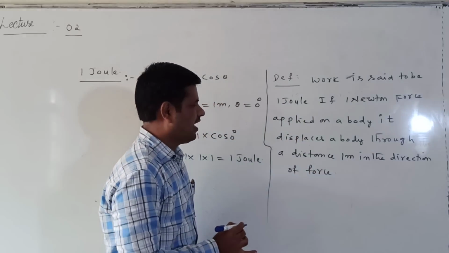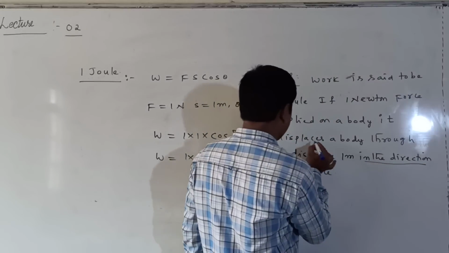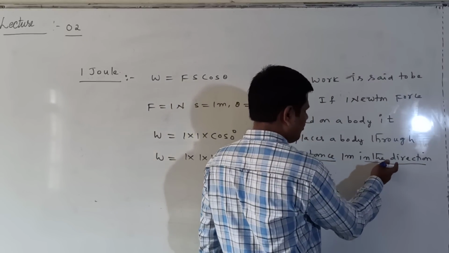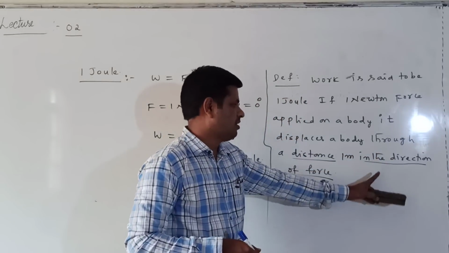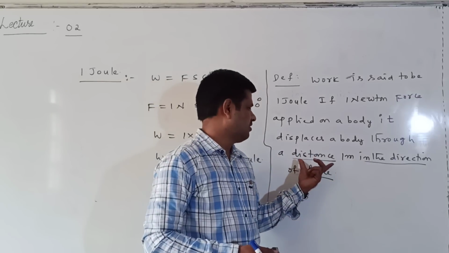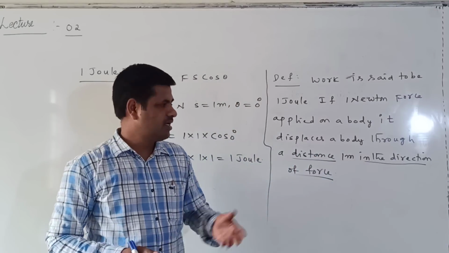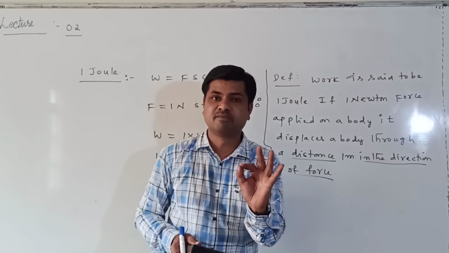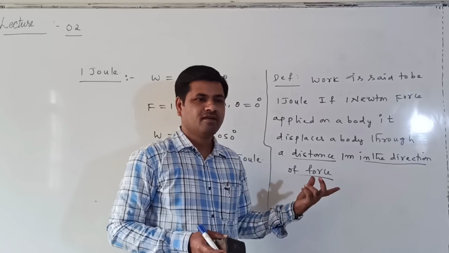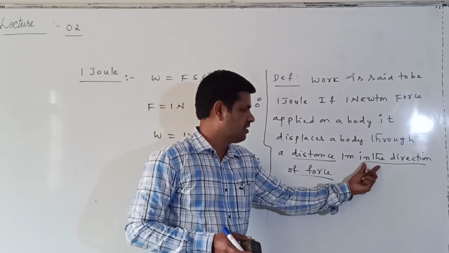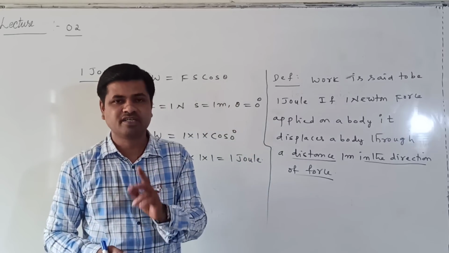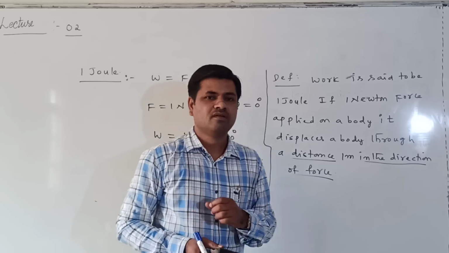Listen, when we write in the direction of the force, we write distance, because we are also representing the direction. Don't confuse. When writing the direction, we can write distance, no problem. When not writing the direction, we must write displacement in the definition, because displacement mentions the direction also.